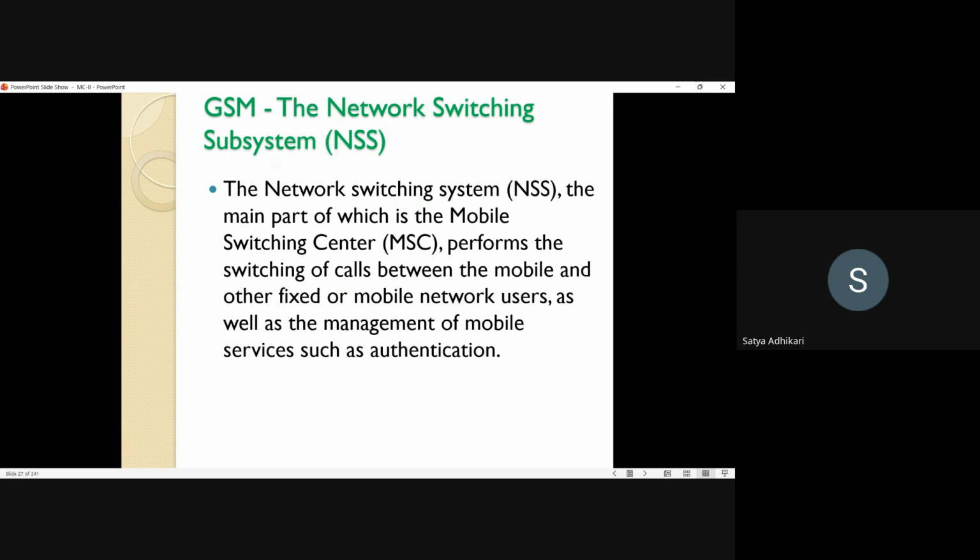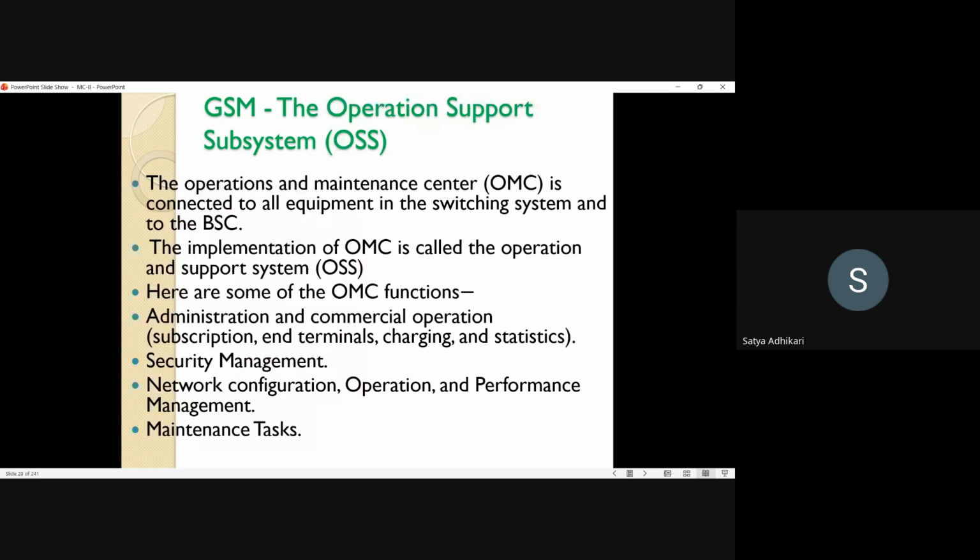So it performs the switching of calls between the mobile and the other fixed or mobile network user, as well as the management of mobile services such as authentication. So it plays a vital role in the communication.